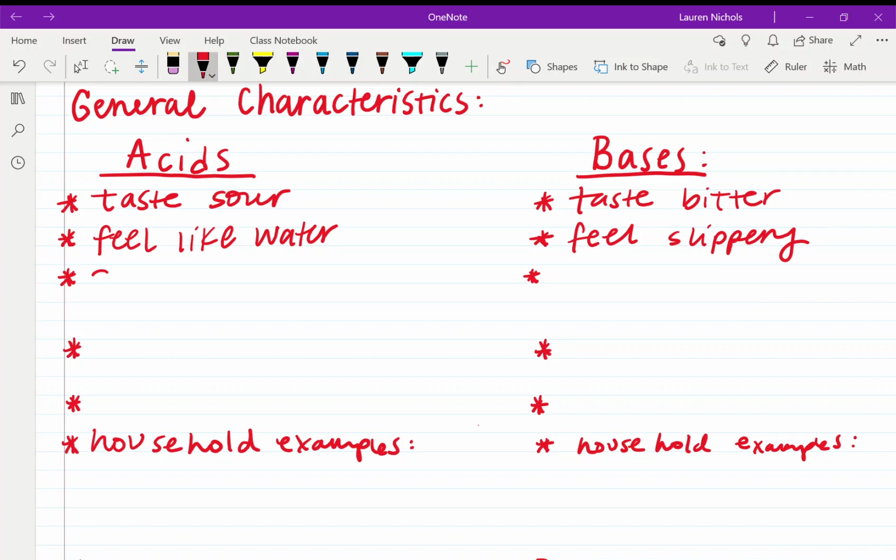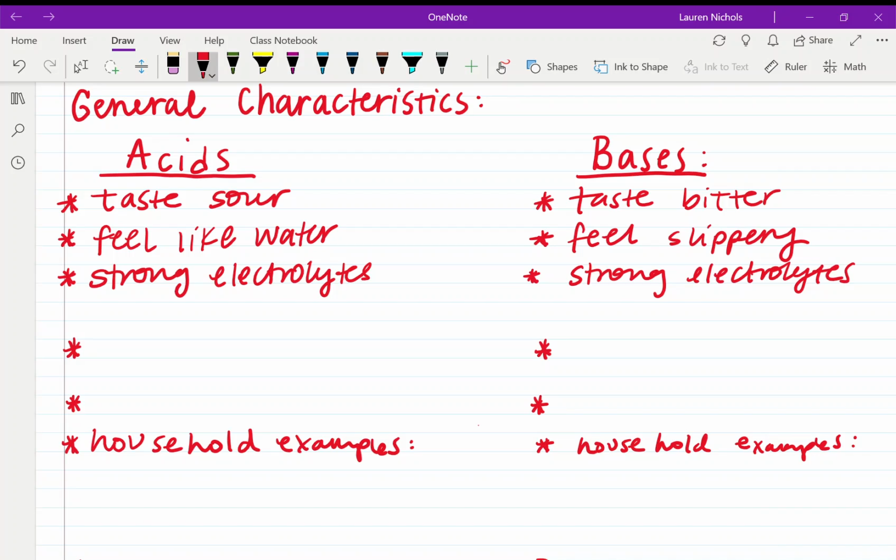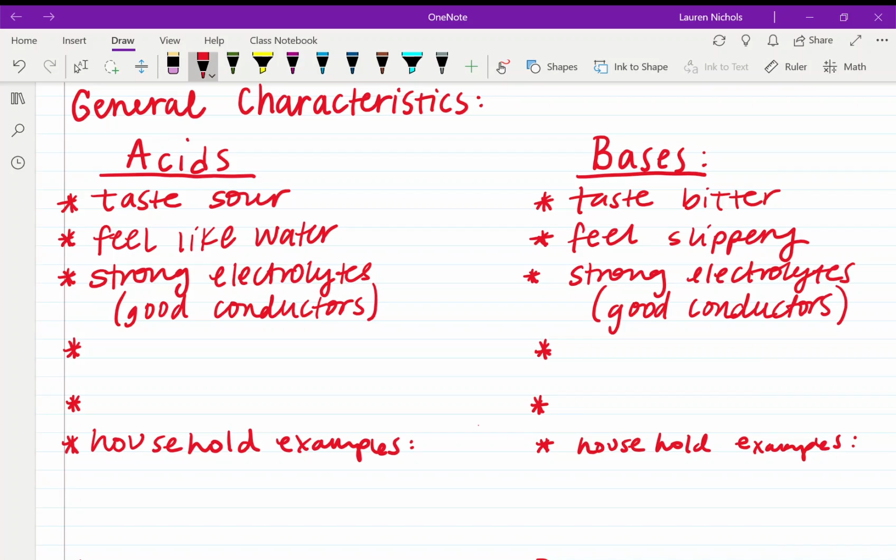Now, both acids and bases are strong electrolytes. And so this means that they are good conductors of electricity. This is because they are ionic compounds, and when they dissociate in water, they can conduct the extra flow of electrons through their solution.